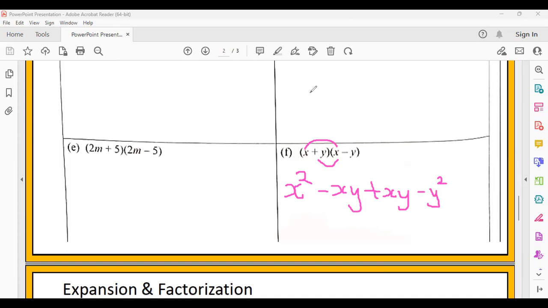So now these terms are going to cancel each other off. It's just like negative 1 plus 1. Negative xy plus xy, you're going to get 0. So you're going to be left with x squared minus y squared. This is the second or the third formula actually. Okay? So I'm going to recap the formulas for you guys. Okay?